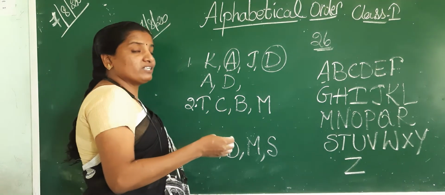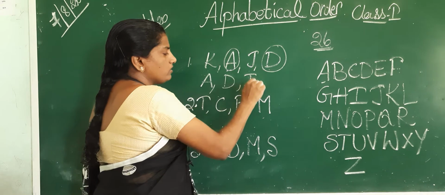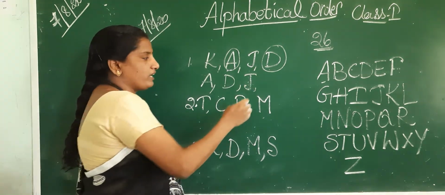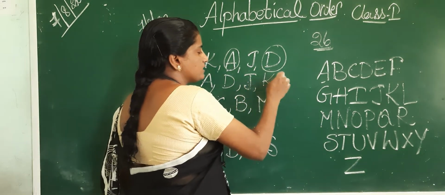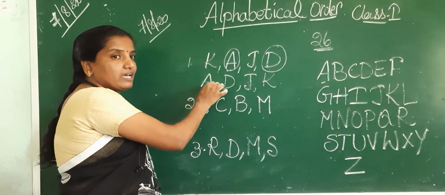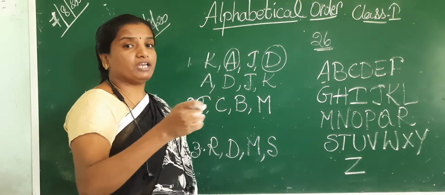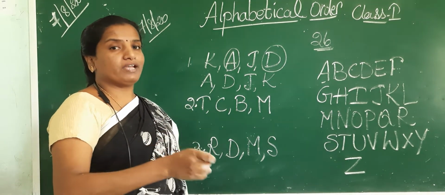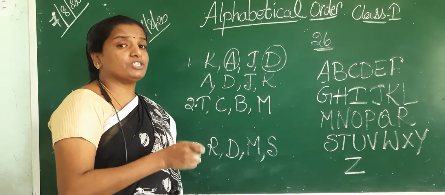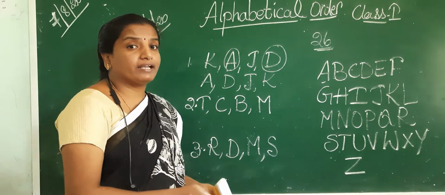J. And the last one is K. So this order is known as alphabetical order. It means the letters are arranged in a correct sequence.